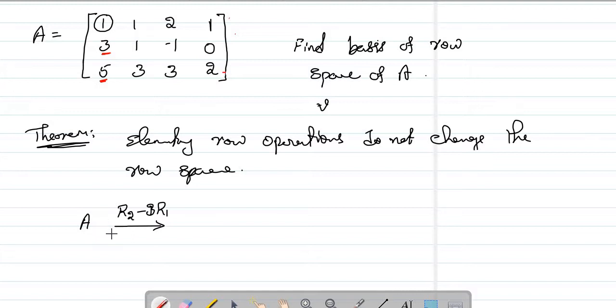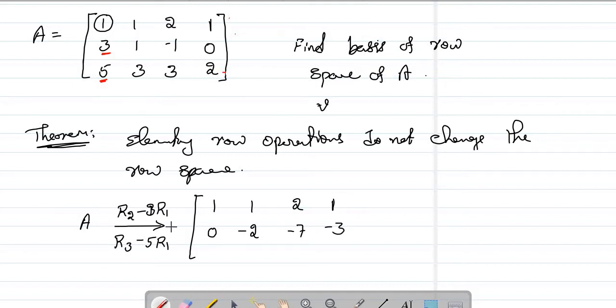Similarly, the third row can be replaced with R3 minus 5R1. When I do that, 1, 1, 2, 1, and this is 0, 1 minus 3, minus 2, and minus 1 minus 2, sorry, minus 6, so minus 7, and this is minus 3.